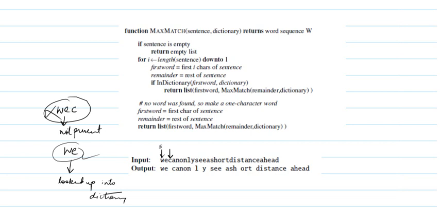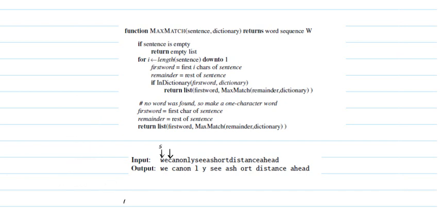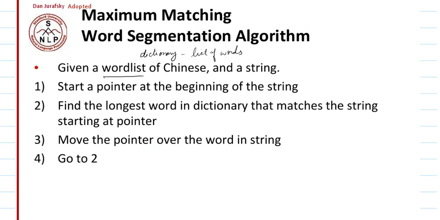So now let's see what the algorithm says. In simple terms, the algorithm says that starting a pointer at the beginning of a string, find the longest word in the dictionary that matches the string starting at the pointer. Move the pointer over the word in the string, and again do the same thing.